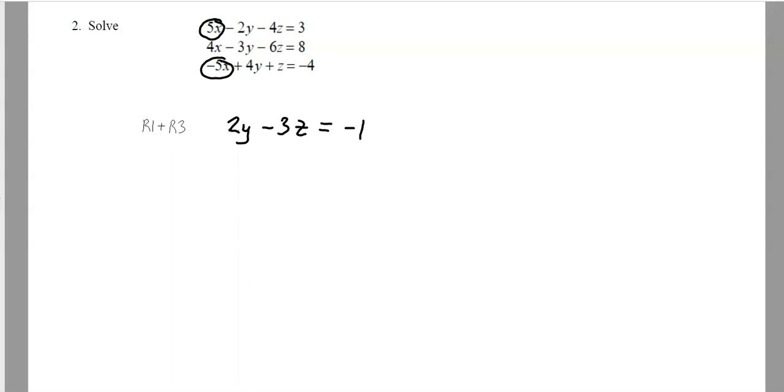So I add those together. Well, now I have to eliminate x's from my next one. I don't really want to focus on any other letter. I've kind of went down the road, said I'm going to eliminate x's. So now I have a choice to do it either between 1 and 2 or 2 and 3. And no matter which way I go, it looks like I'm going to be forced to multiply a couple different rows.